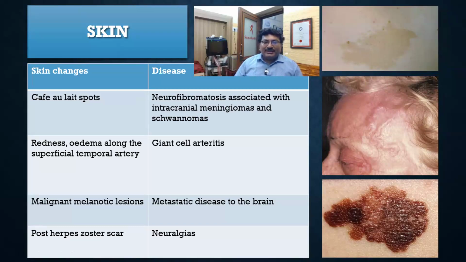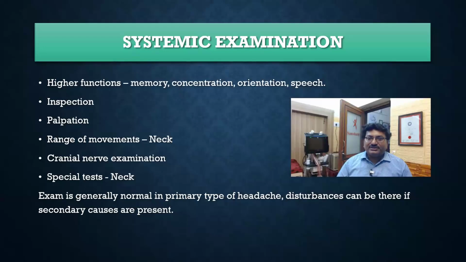There could be redness and edema along the superficial temporal artery, and there could be possible giant cell arteritis. Café au lait spots might be present along with neurofibromas in neurofibromatosis, and there could be intracranial meningiomas or schwannomas causing the headache. But remember, these are actually rare things. In routine practice, you will not be getting those things.